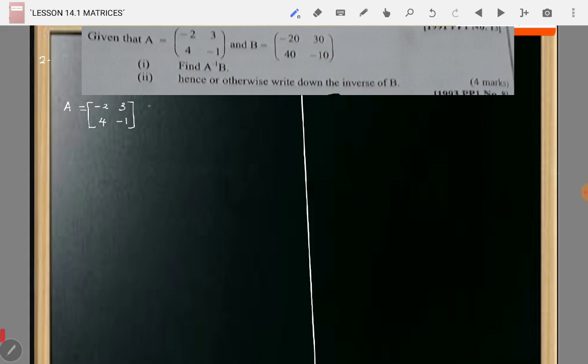So the first step, we say that A inverse B is the same as A inverse times matrix B. So the first step is to calculate A inverse.